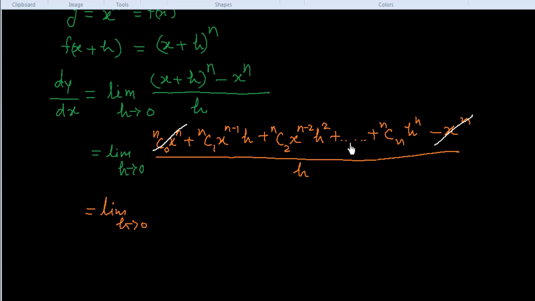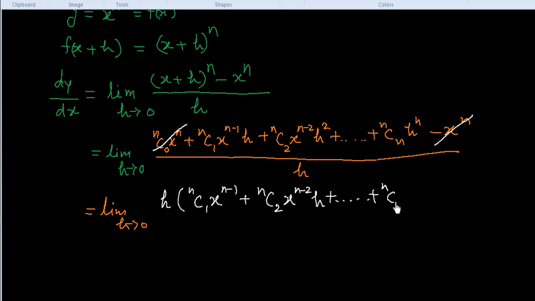I take h as a common factor from each term, because every term has h as a factor. So here n combination 1 x power n minus 1 plus n combination 2 x power n minus 2 h, because the one h we have taken outside, and similarly at the last term n combination n h power n minus 1. In the denominator we already have h, so h and h will cancel.